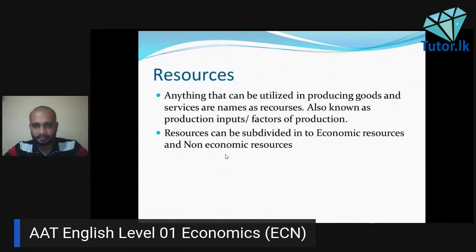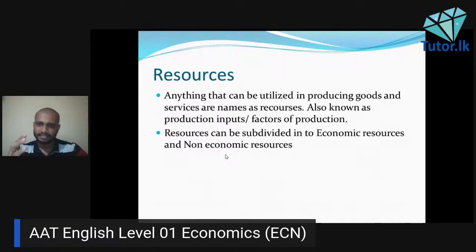So if you take a company, they are utilizing certain inputs, processing those and selling it to the customer. So when they are doing the production process, it can be a production process or they are delivering a service. In order to carry out that process, whether they are producing or delivering the service, they need resources.